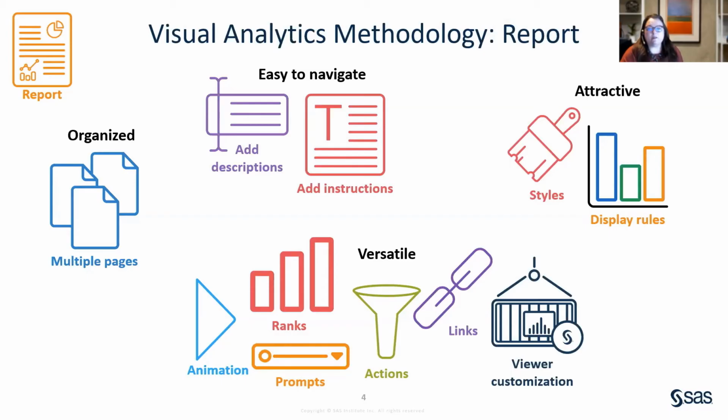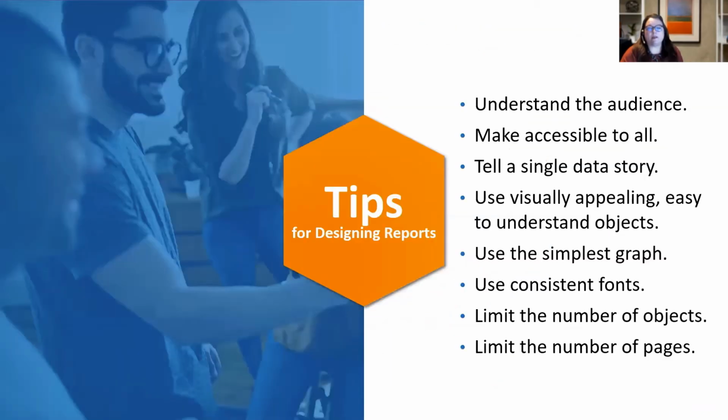When you're creating the report, you really want to think about the audience that's going to be consuming the report. So you want the report to tell a story, and you want that story to be easily understandable. So you want to pick the most basic or simplest graph possible to tell your story. I always say just because you can doesn't mean you should. And that truly applies to reporting.